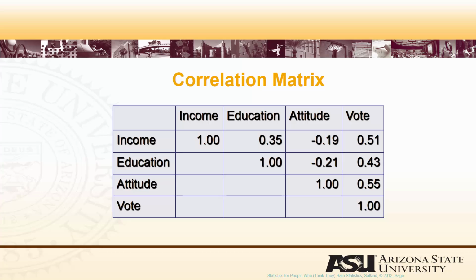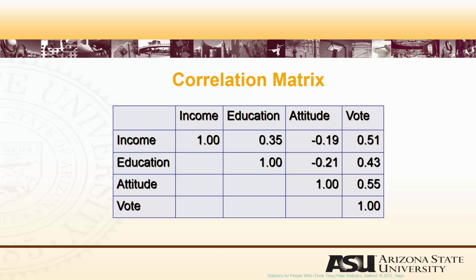So in the table we can see that the correlation between income and education is 0.35. So that's not a perfect relationship, but we can see that as education increases, income also tends to increase. We can also see that there's a negative correlation between attitude and education. So attitude here is a measure of the attitude on some assessment that has been performed.